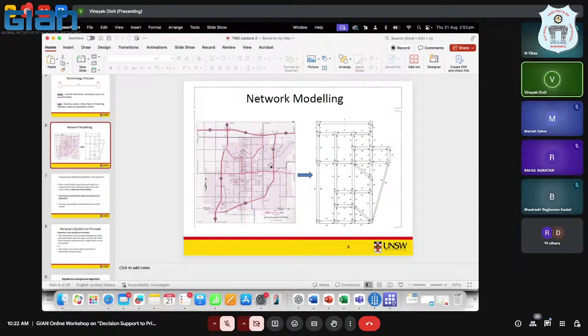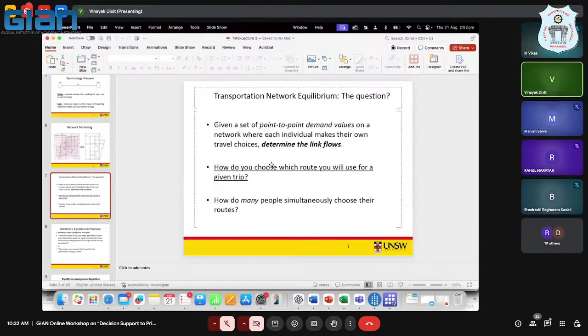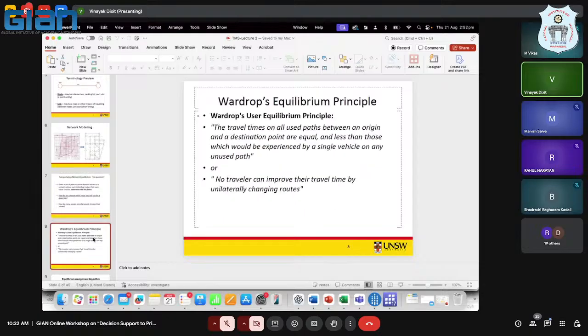So a transport network is said to be at an equilibrium when the travel time on all used paths is equal, and on all unused paths is greater than that of the used paths. Am I making sense here? This can also be rewritten as: no traveler can improve their travel time by unilaterally changing routes.